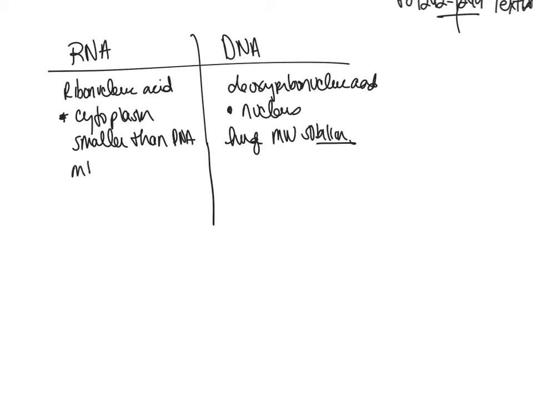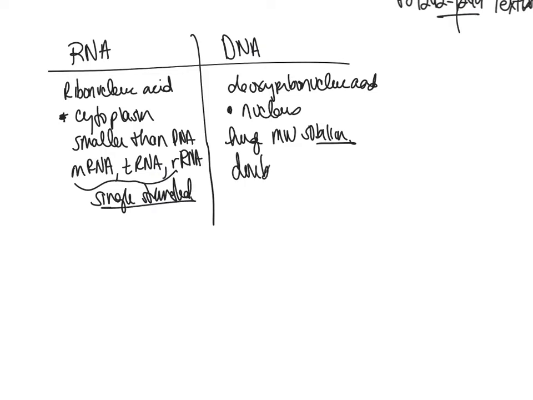We also have messenger RNA, transfer RNA, and ribosomal RNA. So you need to know those 3 types of RNA. They're usually single-stranded. And I say usually. DNA comes double-stranded. So that's going to look like this.